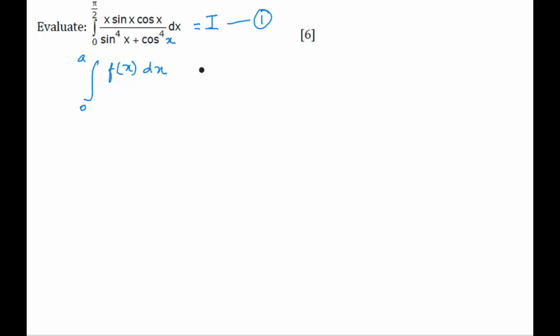we can replace x by a plus 0 minus x. So this is equal to f of a minus x dx.